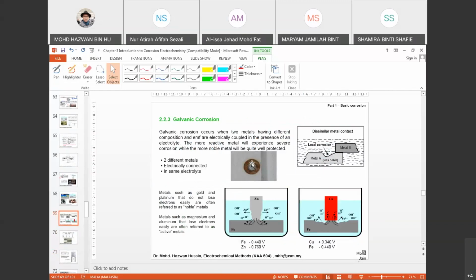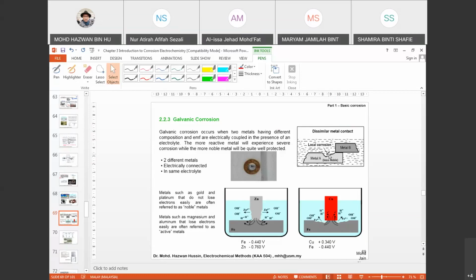Moving on to the next one, we have galvanic corrosion. Galvanic corrosion can also be categorized as localized corrosion because when you have two metals with different composition or different activity attached together, it will create a so-called galvanic effect.